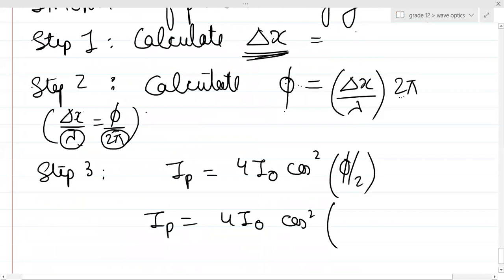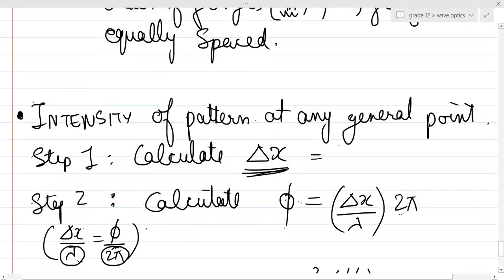Now, delta x will be equal to what? A formula from Young's double slit experiment which we calculated already: y is equal to delta x into capital D by small d. Sorry, I wrote it upside down.